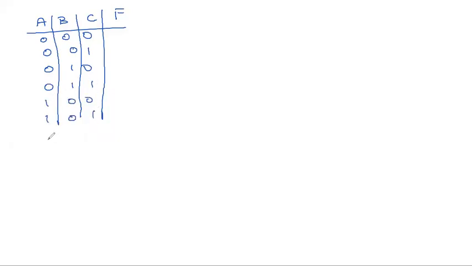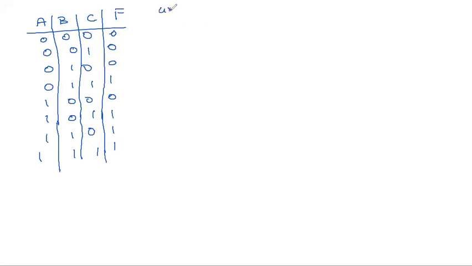A, B, C, F. 0 0 0 0, 0 0 1 0, 0 1 0 0, 0 1 1 1, 1 0 0 0, 1 0 1 1, 1 1 0 1, 1 1 1 1. Okay, next 0 0 0 1 0 1 1 1.